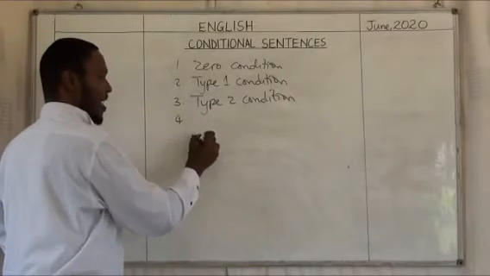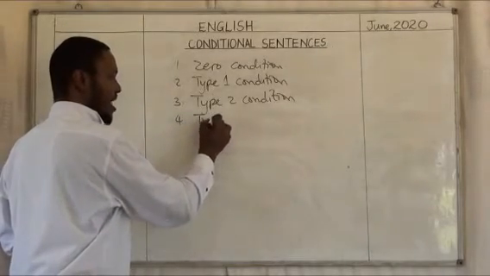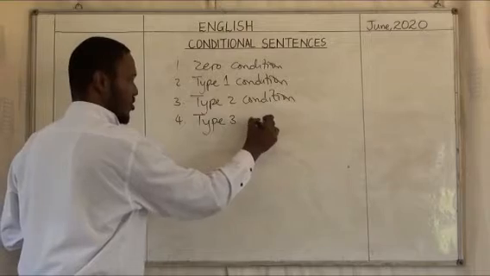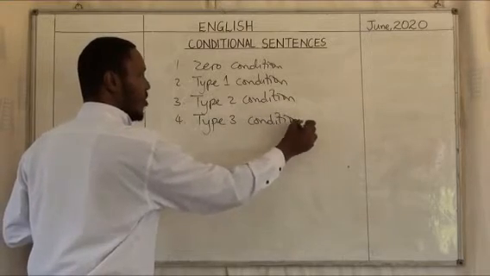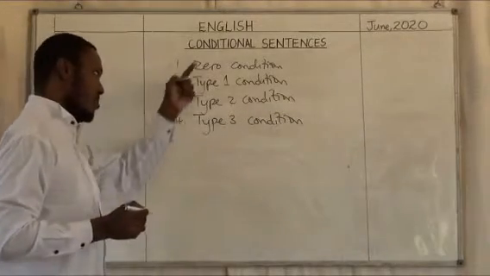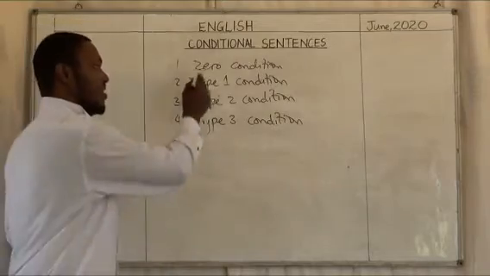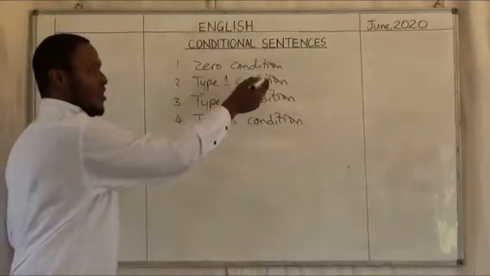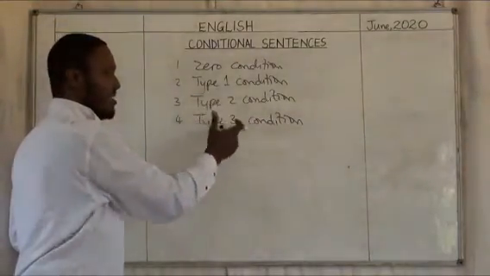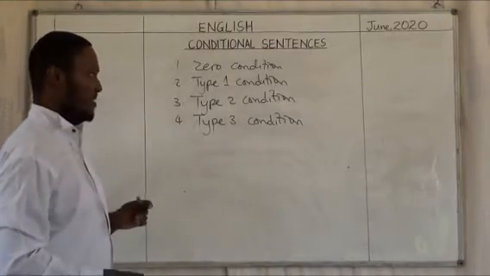And 4, type 3 condition. So we have 4 conditional sentence types: zero condition, type 1 condition, type 2 condition, and type 3 conditional sentences.